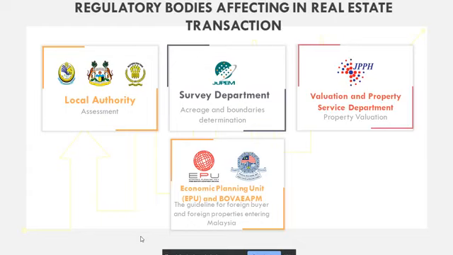It's just that the purchase loan for government servants goes through JPPH, and JPPH will determine the figure. So usually the valuer firms outside will give a higher value than JPPH.